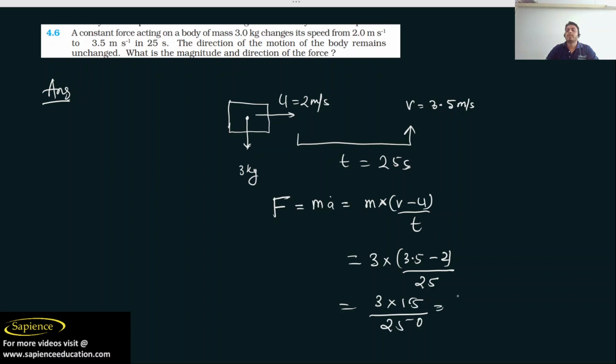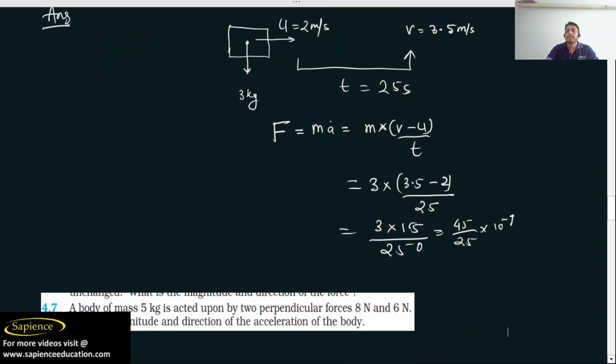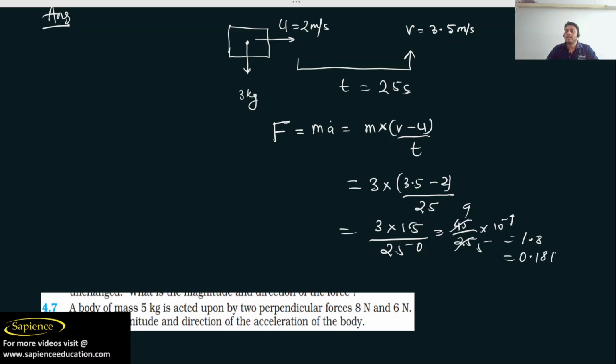So 45 divided by 25 into 10 power minus 1, right? So this will be 0.18 Newton.